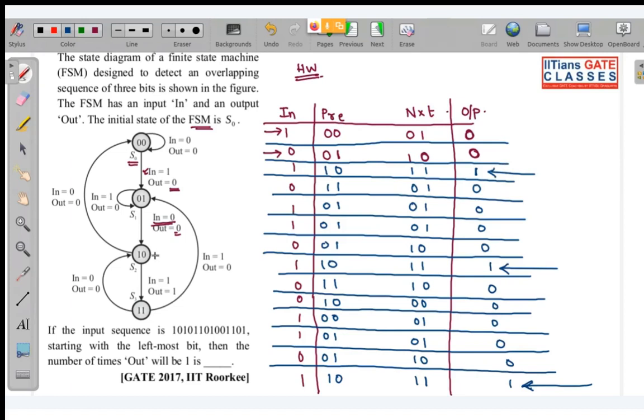So where are the places where we get 1, 0? So here we get 1, 0. Any other place we have 1, 0? No. So where is one more 1, 0 we should be getting?